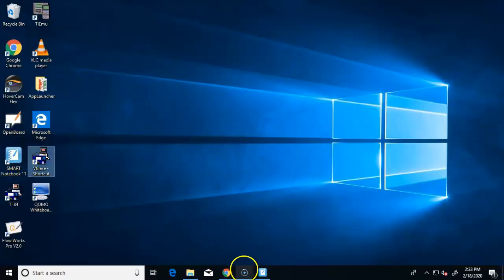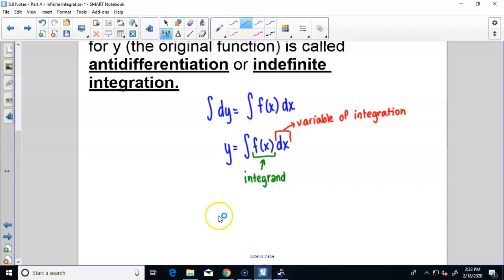So let me just pull up the calculator here. And so whenever you take this integral, we can say that it equals capital F of x. And then we'll have to have a plus c right here. And that c is called our constant of integration.